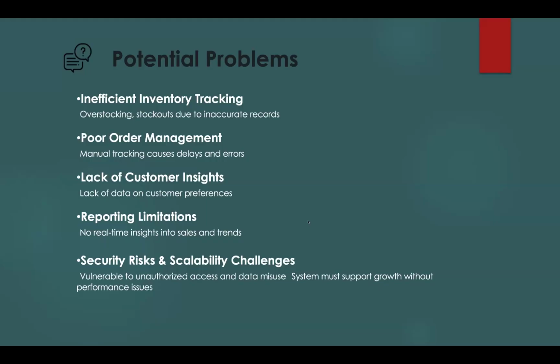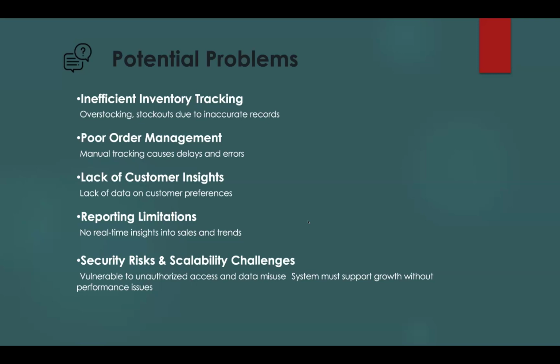We also face limited reporting capabilities. Real-time insights into sales, expenses, and revenue trends are crucial for informed decision-making. Security concerns are also a big risk for us, since access to sensitive data could lead to a serious breach. And finally, we always pay attention to scalability issues.